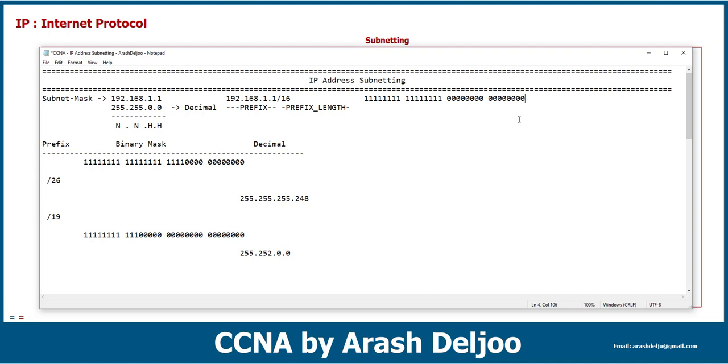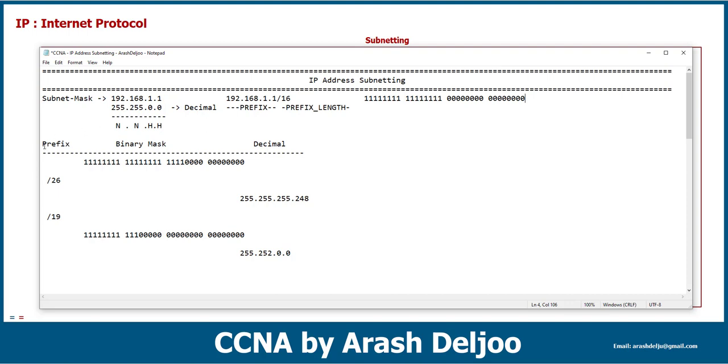You can present the subnet mask with one of these three methods: decimal, prefix length or CIDR, and binary. This means that one of the abilities a network administrator needs is converting different types of subnet mask to each other. Okay, let me do one practice about the different methods of presentation of the subnet mask.